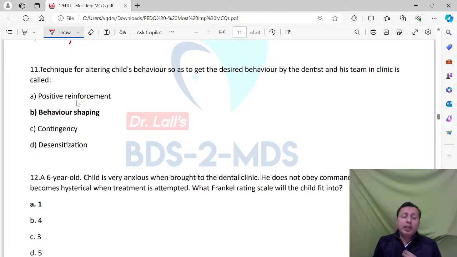If you remember in the starting lecture on non-pharmacological behavior management, I told you that behavior management is basically teamwork, and behavior shaping is that we shape the behavior of a child and do the treatment in consecutive appointments or settings, so that the desired behavior I require during the dental procedure, such as giving local anesthesia during a pulpectomy or extraction, I can achieve at that time. So that is basically called behavior shaping.